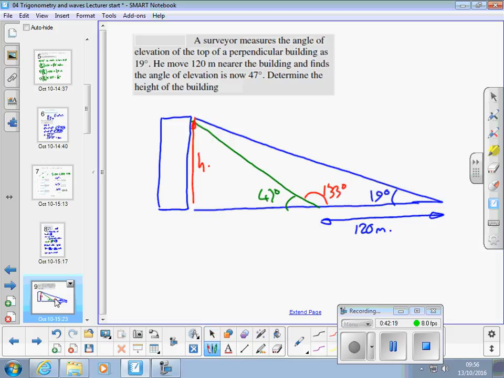What could we express this distance as? If we call that distance x, an unknown, our common unknown variable, what would we say this distance is?